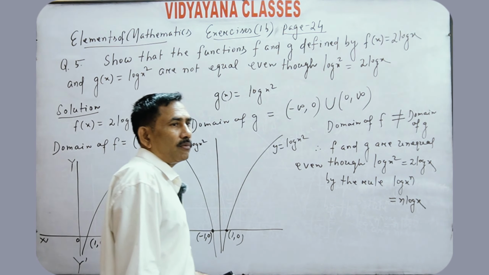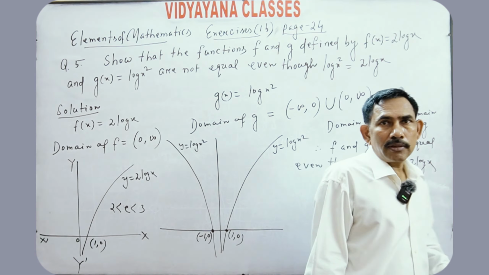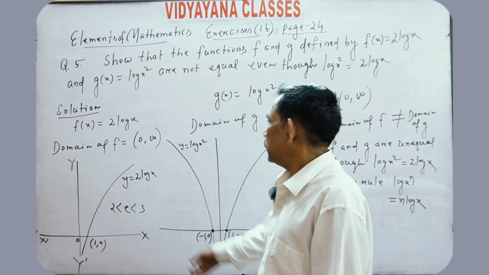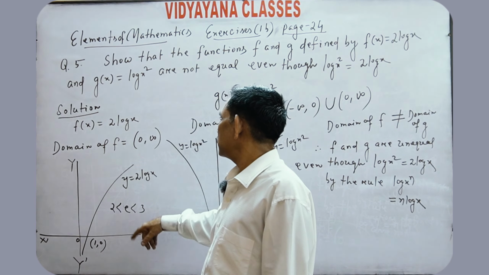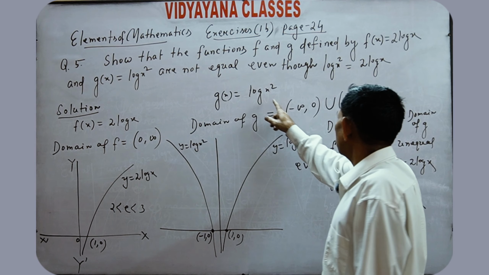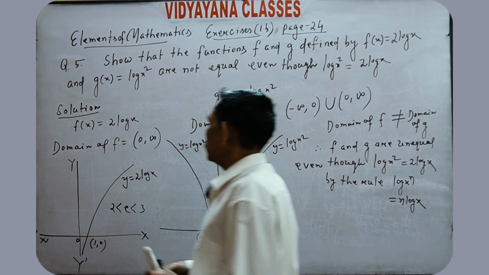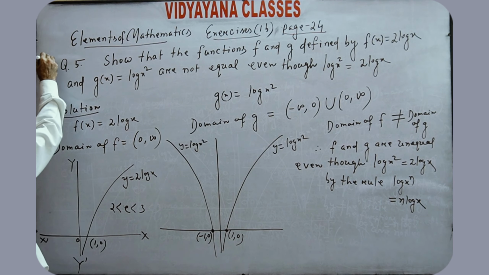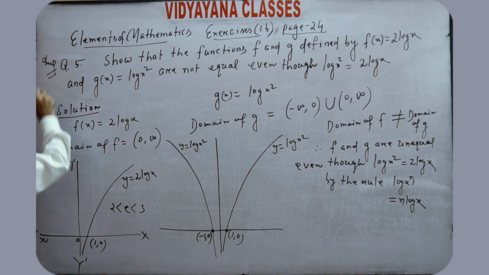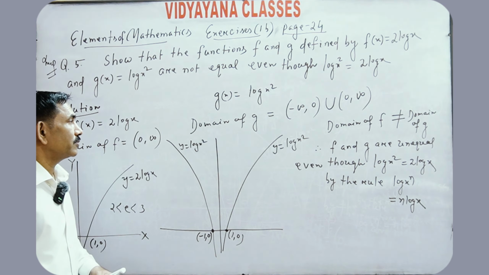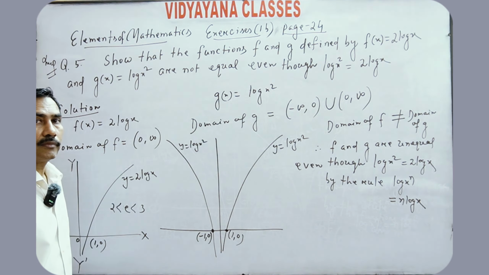Two functions are equal if they have same domain and same range. Domain of f is this and the domain of g is this. Domain of f not equal to domain of g. Most important problem. Clear?